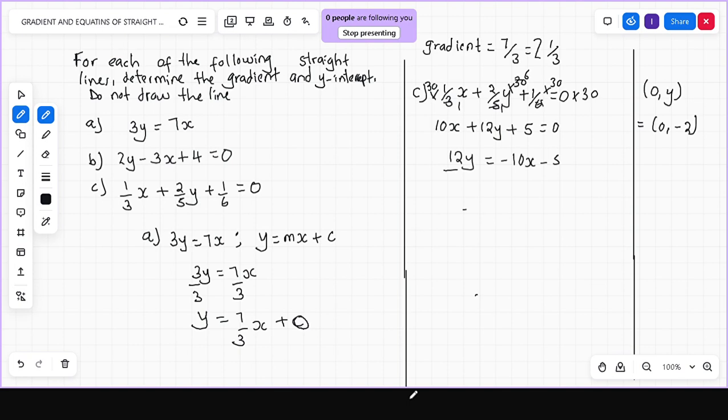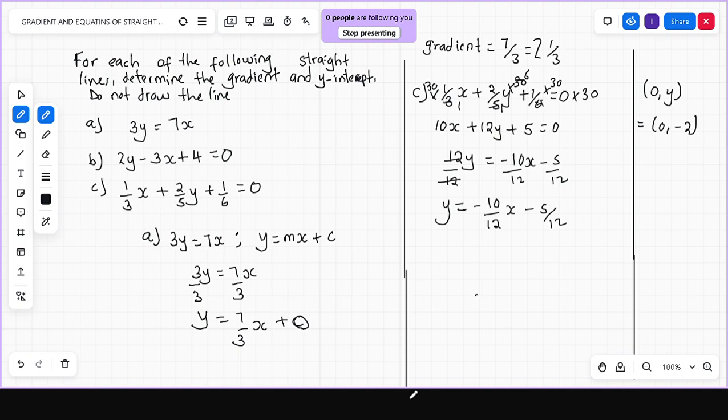Then we divide by 12 on all sides. So y equals negative 10 over 12x minus 5 over 12.